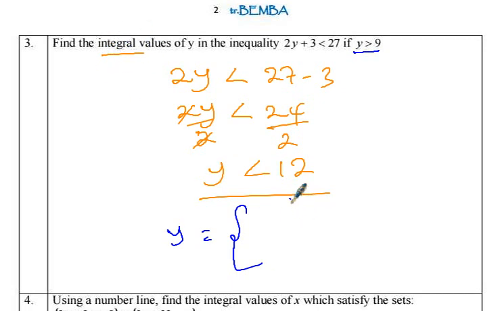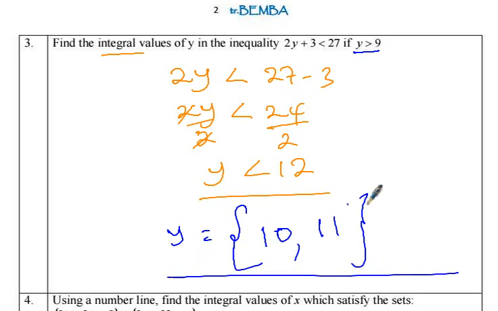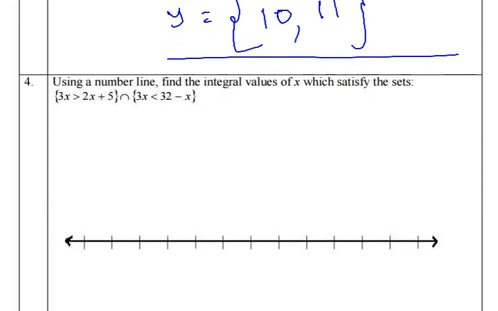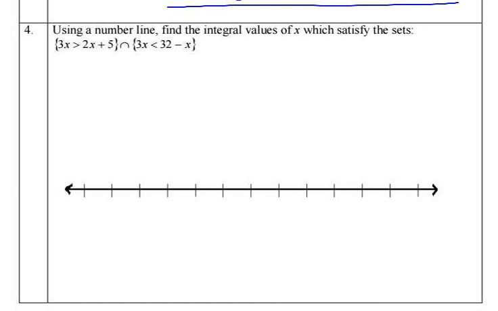That's the meaning here. So the integers here, we have 10 and 11. So those are the two integral values that are greater than 9 but less than 12. Okay, that was good, 4 marks to enjoy.